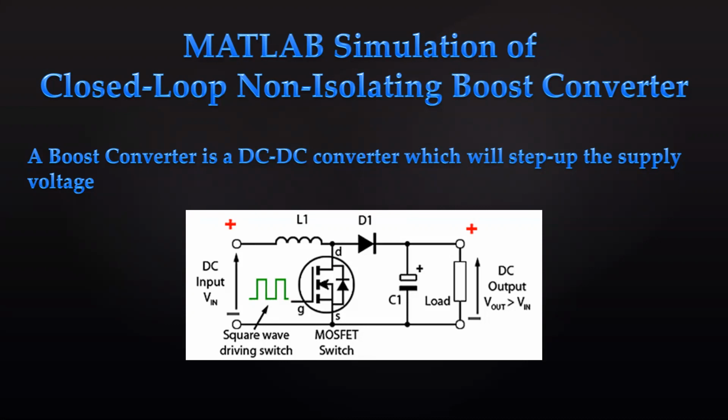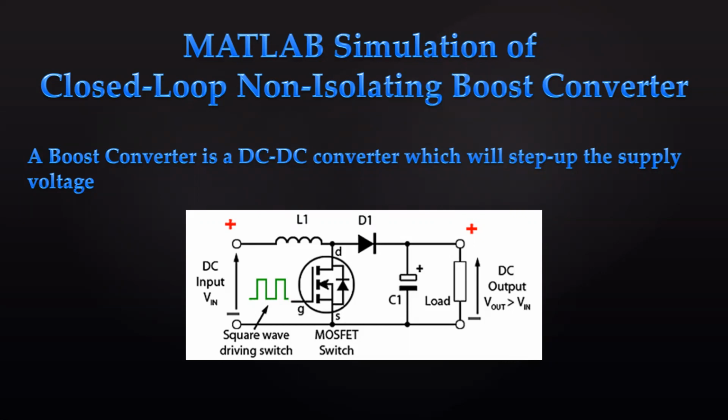One additional thing that we are attaching, one closed loop that we are making, is the feedback loop. Feedback means it will take the input from the output that we are getting, and according to it, it will give pulses to the triggering circuit to trigger our MOSFET switch or IGBT, right?